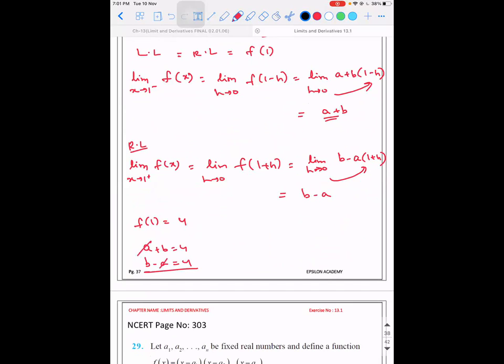So when I add both, 2b will be equal to 8. So b will be 4. If I take b equal to 4 and substitute it here, what will be the value of a? a is 0, sir. So the a value is 0, b value is 4. Can you check the answer?